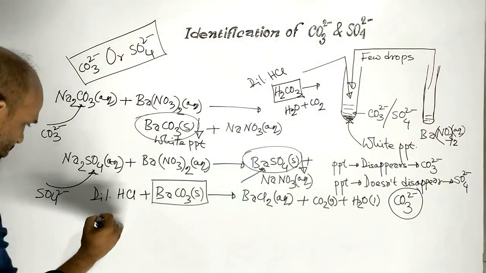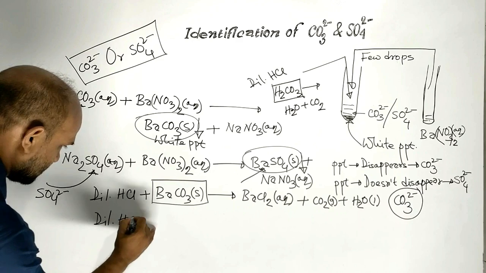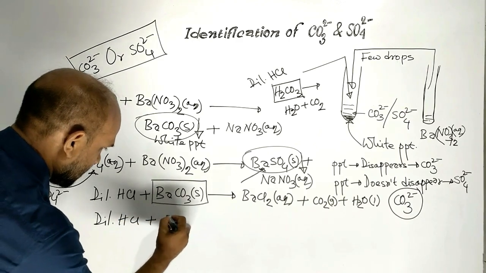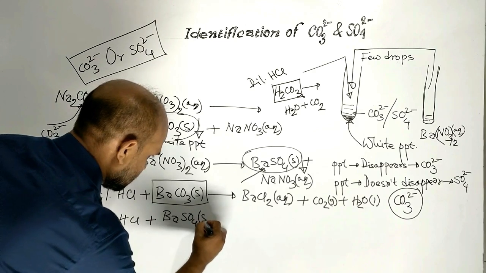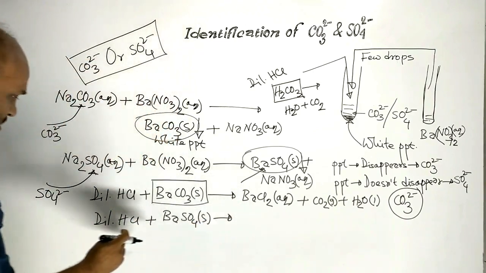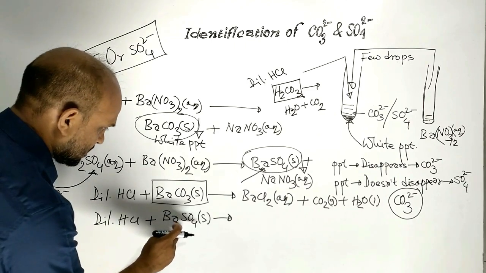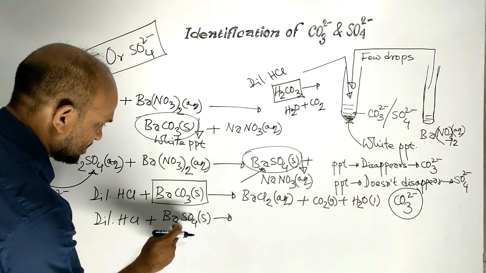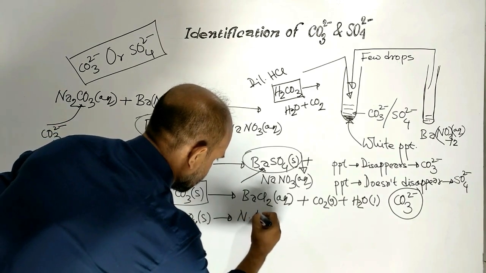But when diluted hydrochloric acid doesn't make the white precipitate disappear, it means here no reaction happens.